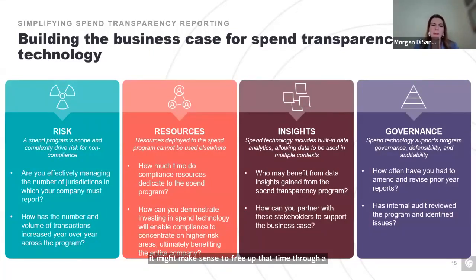So it's really important to quantify time spent on compliance activities here. And then also think about how a spend solution can focus on risk-based decisions rather than solely compliance tasks that could benefit your organization as a whole.